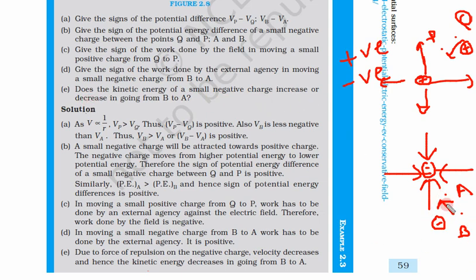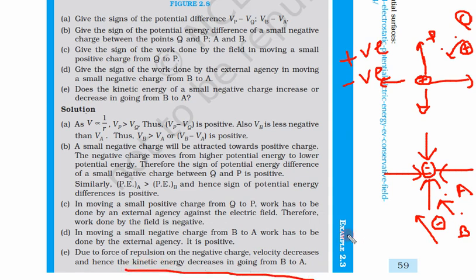Here we have done some work, due to the force of repulsion on the negative charge. Velocity decreases, or we can say that potential energy is increasing, because we are doing work on this, hence kinetic energy would decrease from B to A.